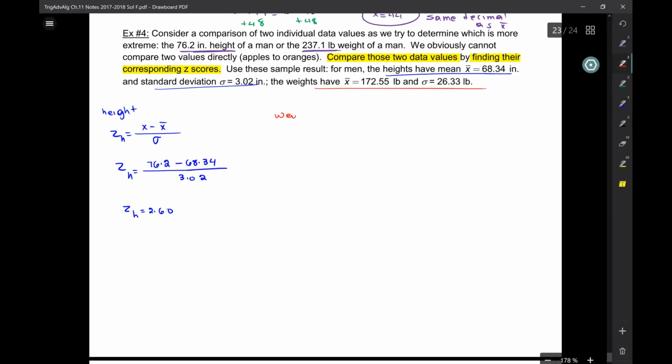For the weight, do the same thing. 237.1 minus 172.55 over 26.33. And that has a z-score of 2.45.